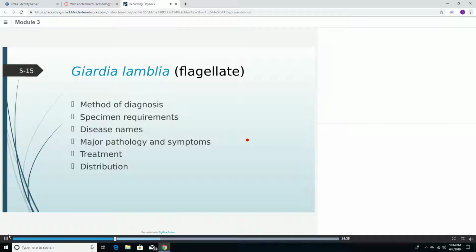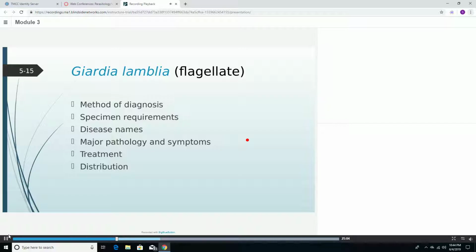Giardia lamblia can also be called by its disease name, giardiasis, or more often you're going to hear it called traveler's diarrhea. Symptoms of this organism include abdominal pain, foul-smelling diarrhea, and foul-smelling gas. It's known as sulfur burps, and it smells like rotten eggs.